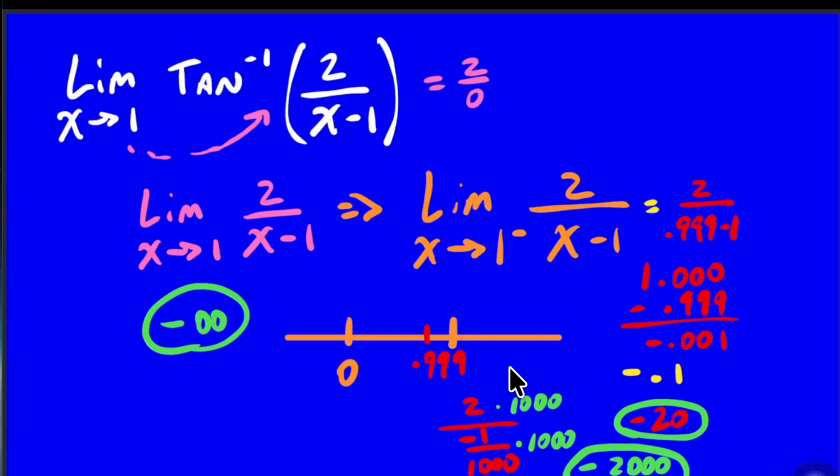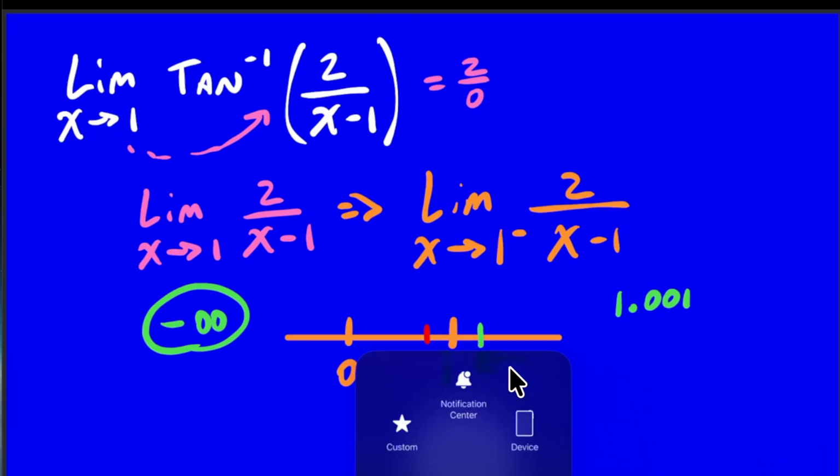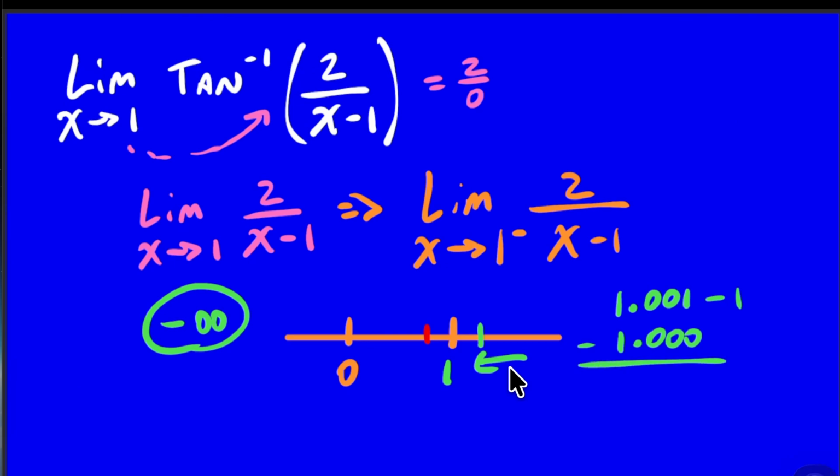And for example, let's just do one of those very quickly. So if we're approaching from the right, our number line now is going to have, say, 1.001. Now when we do big minus small, we're going to take the sign of the larger number.